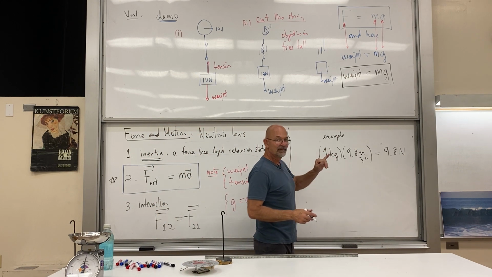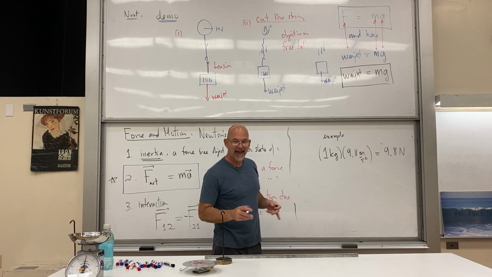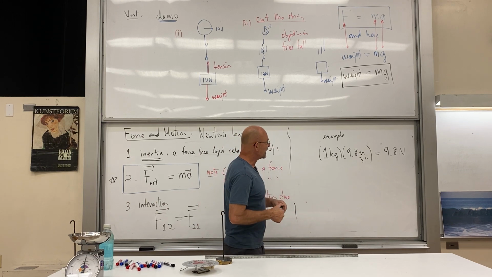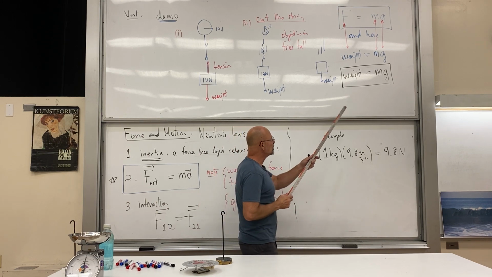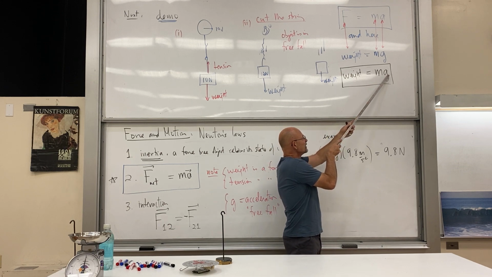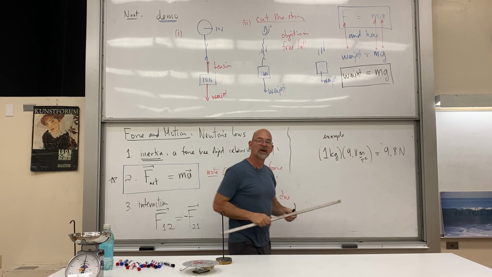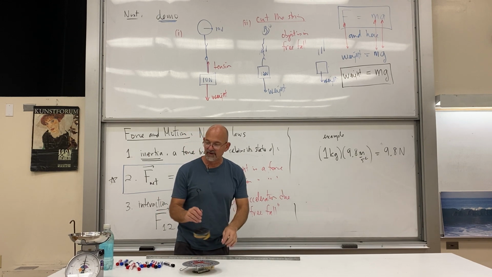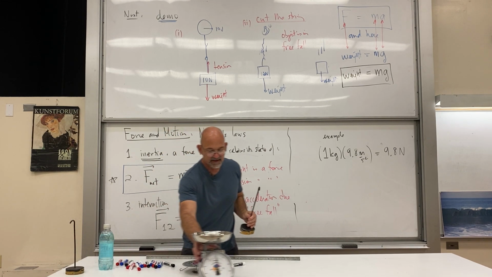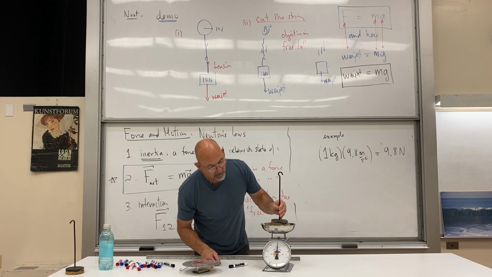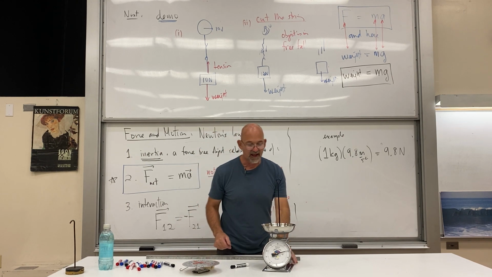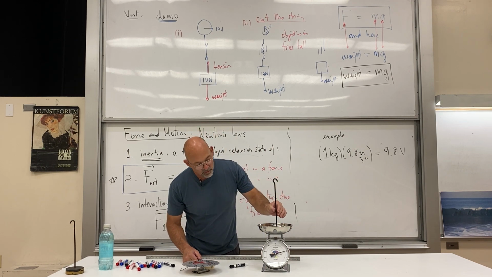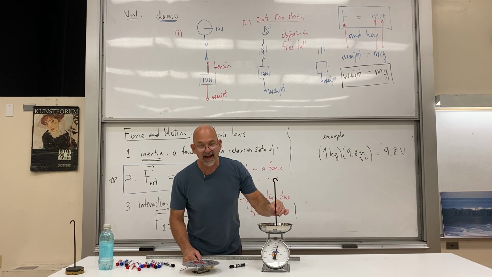So weight and mass are not the same thing at all, because if you go to the moon, this g number is now about 1.6, not 9.8. So if we took this very scale to the moon, where here we've got our 10 newtons, or 9.8, on the moon it would weigh about 1.5 newtons, 1.6 or so.